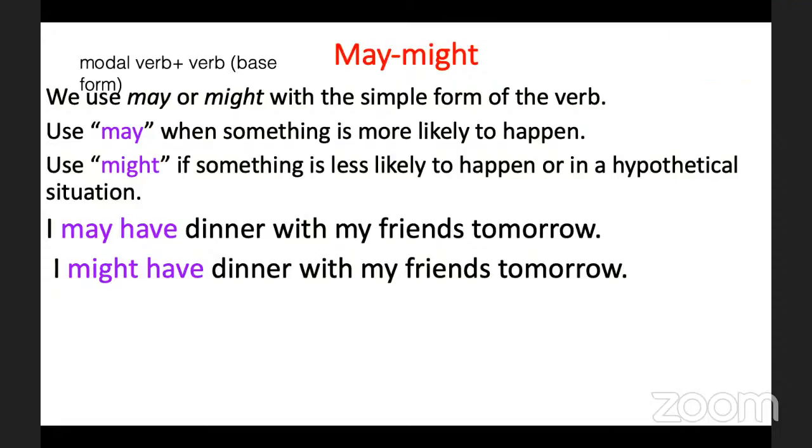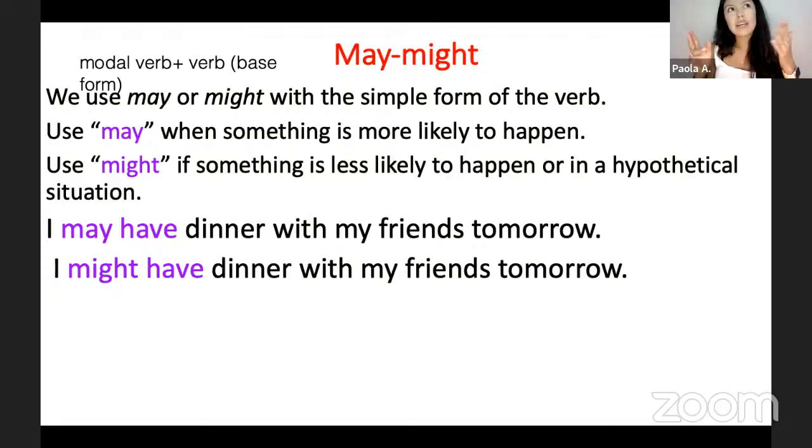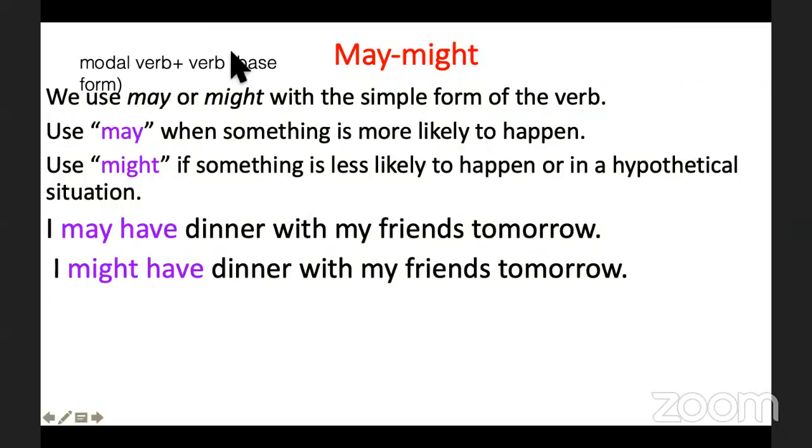You might finish the activity. So it's a possibility, but it's a little bit more uncertain. Uncertain means that it's not very sure to happen. It's less likely to happen.